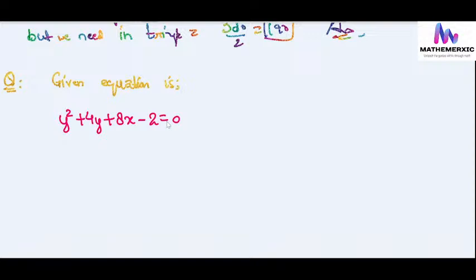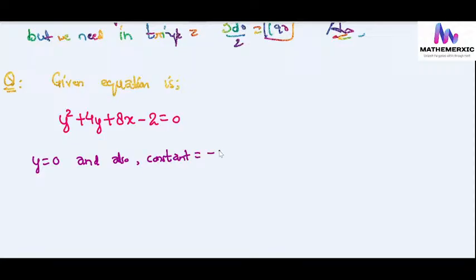Shift the origin to a suitable point so that it will not contain a term in y. If it will not contain a term in y, it directly means that y should be 0, and also the constant term should be removed.